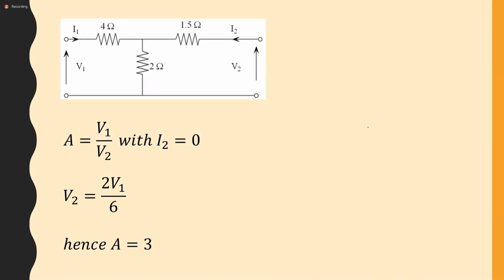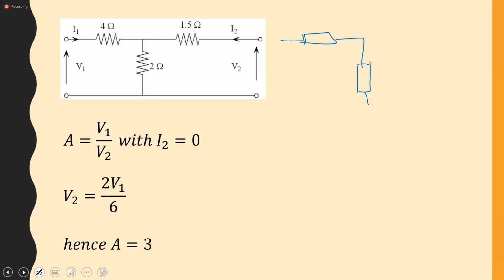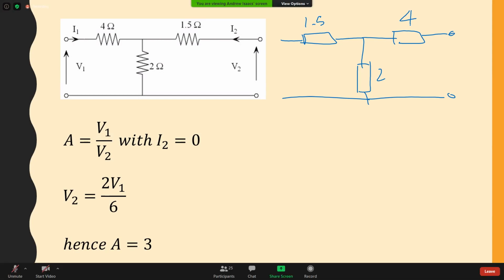And you agree that the other half would then look something like this. So that would be 1.5, this would be 2, and this would be 4. And if I push them back together, I'll get back the original network.